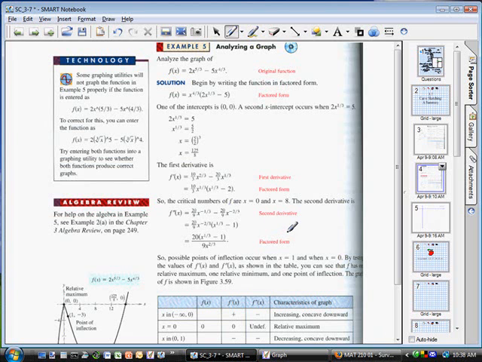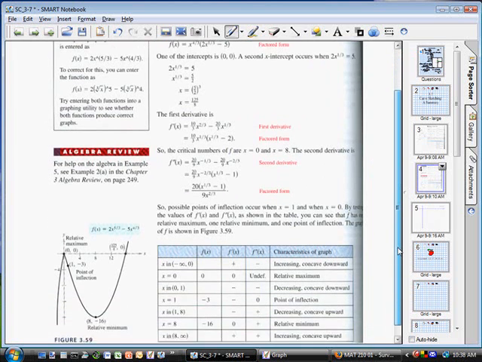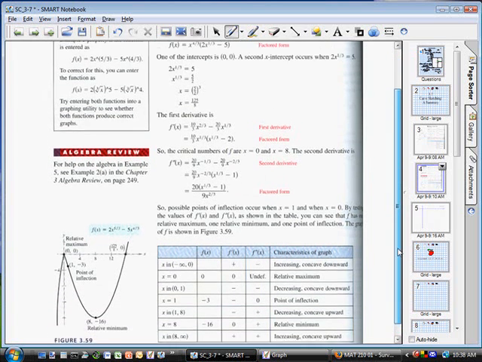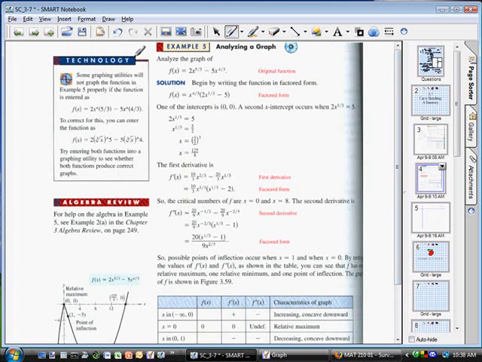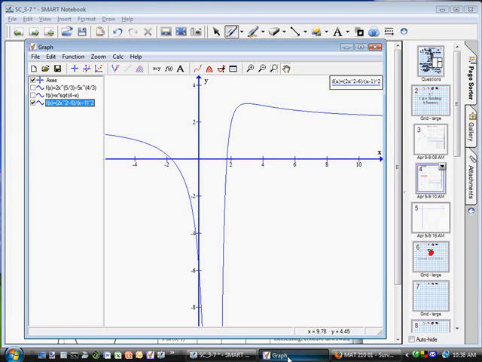I'm not really into TI calculators, maybe as much as I should be, but they mention in this box that some graphing utilities will not graph the function in example 5 properly if you use the fractional exponent, if you say to the power 5 divided by 3. You're going to have to find that out on your own.